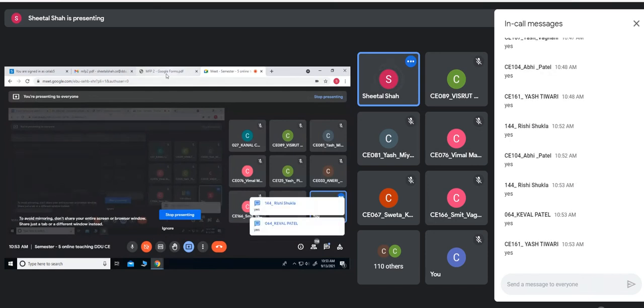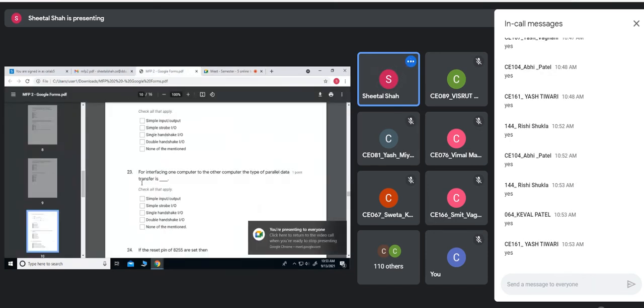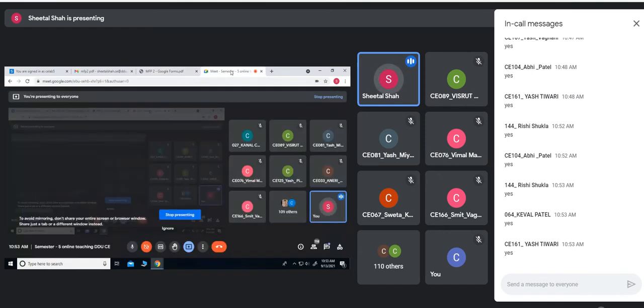The third one is for transferring data from one computer to another computer. What is the type of parallel data transfer? We need to check whether the other end is ready to accept the data.